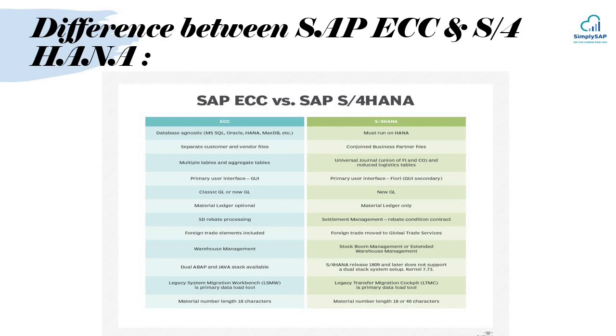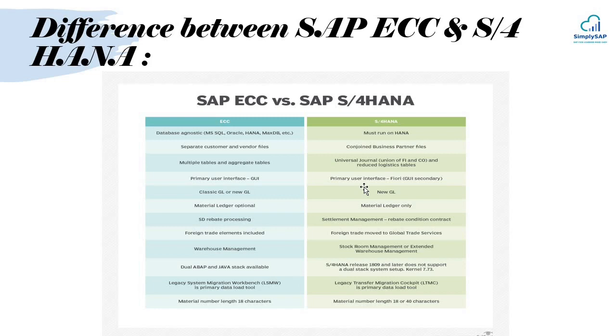So let us first see what the differences are. This chart shows several of the key differences between SAP ECC and S4HANA. Let's dive a little deeper by spotlighting the 5 biggest differences below.